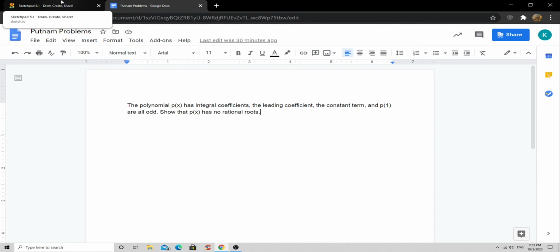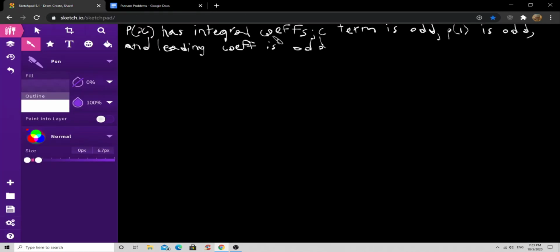Okay. So now we want to prove that this has no integral solution, no rational solutions.